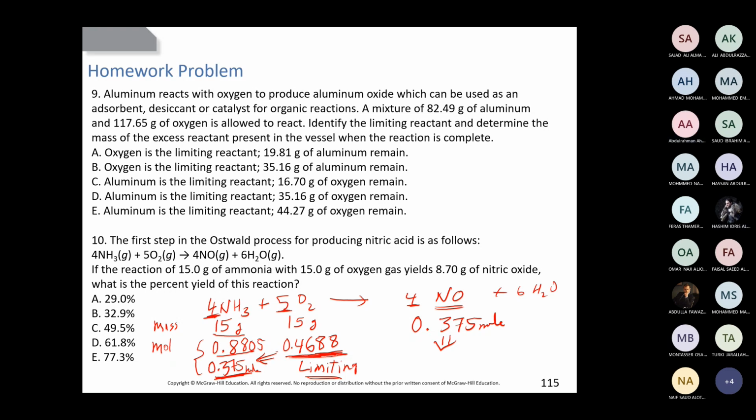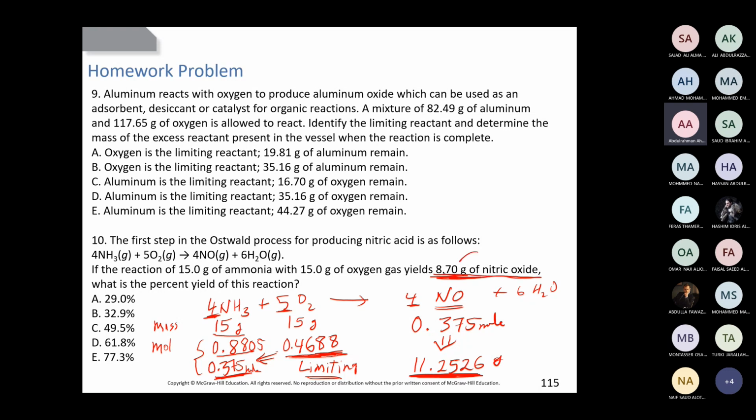Okay, how many grams is 0.375 NO? 11.2526. Yes. What's this called now? This is the theoretical yield. We got 8.7 gram of nitric oxide.